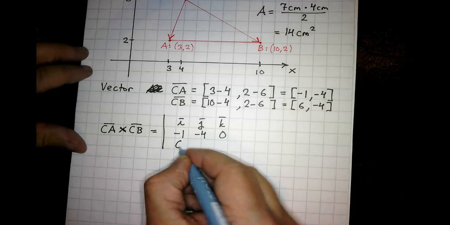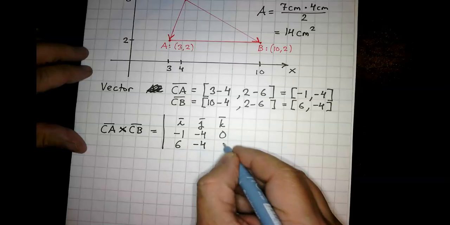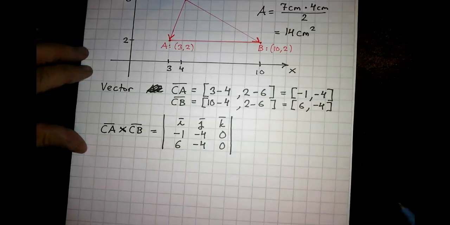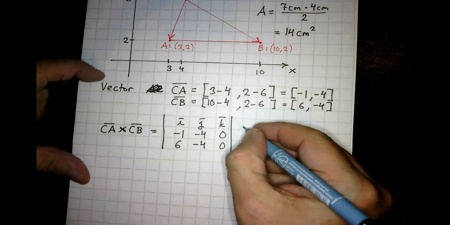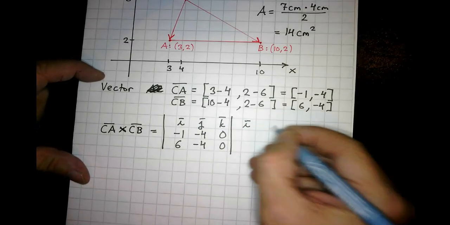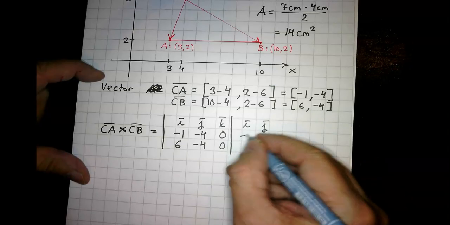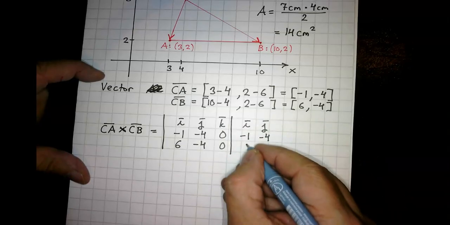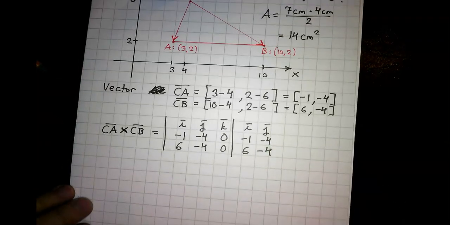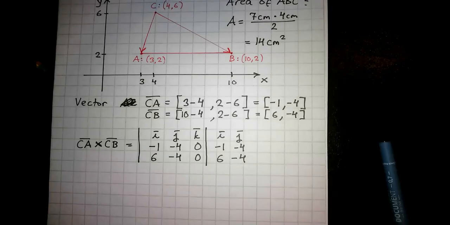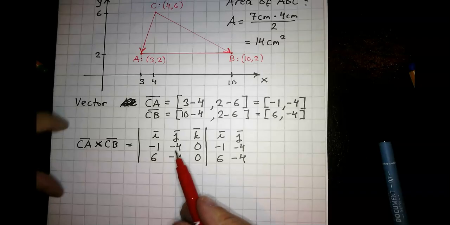And the last one, 6, minus 4, 0. And if I use this Sarrus method, I will copy again these first two columns to the right hand side, and then just simply choose the positive direction.